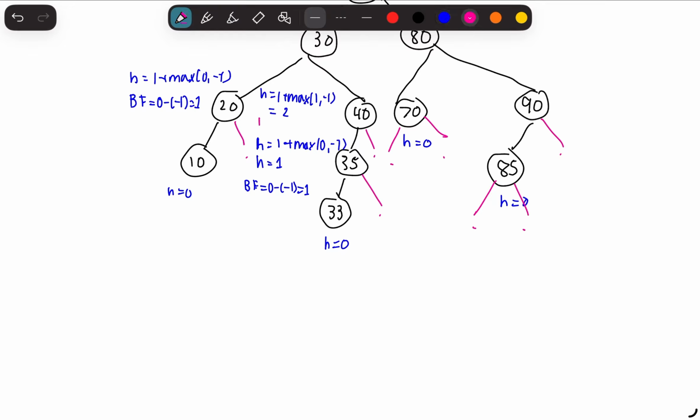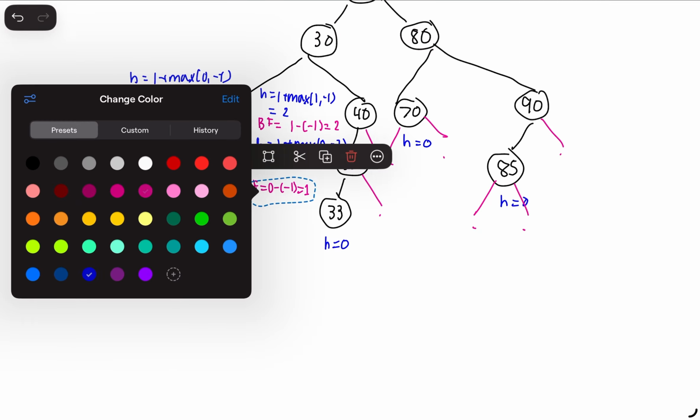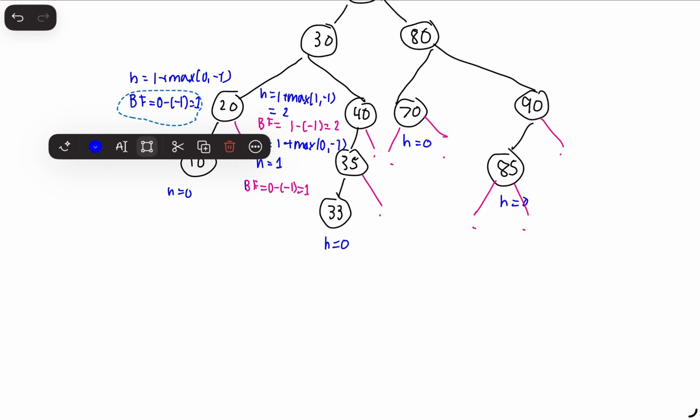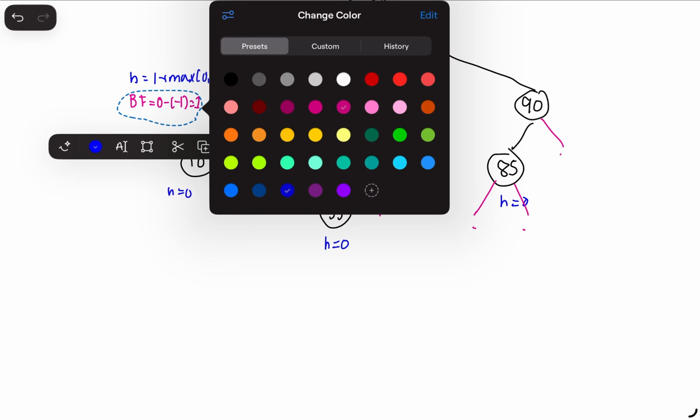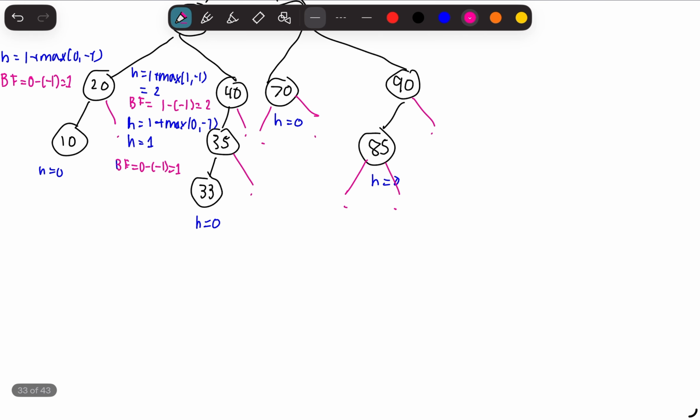I'll actually do the balance factor in a different color. Okay, so now for 90.